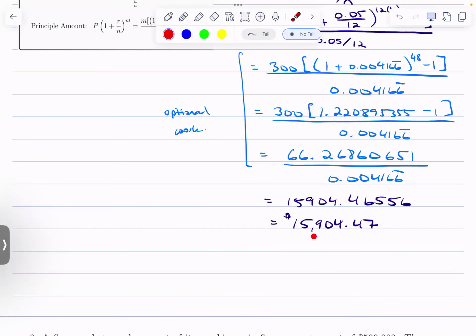I'm expecting my answer to be higher than that, but not a lot higher than that, because I'm earning interest as well. And so that's a nice way to check to make sure that your answers make sense: ignore the interest, and then it should be more than that because that's how interest works.